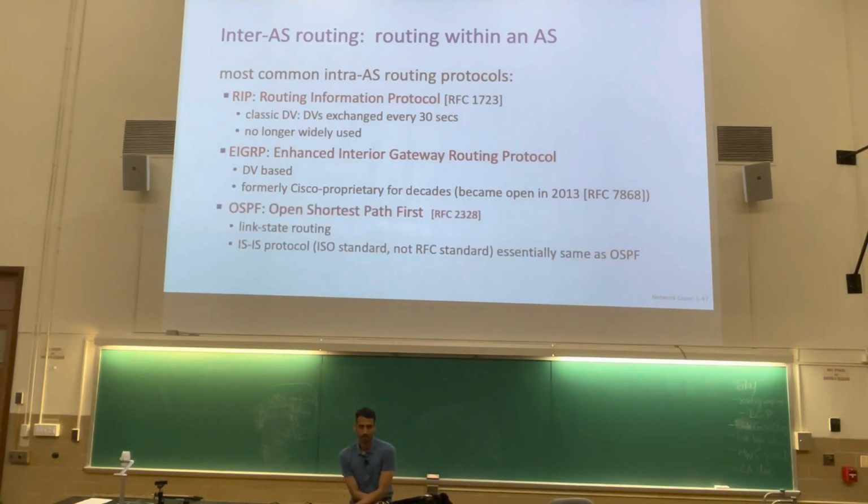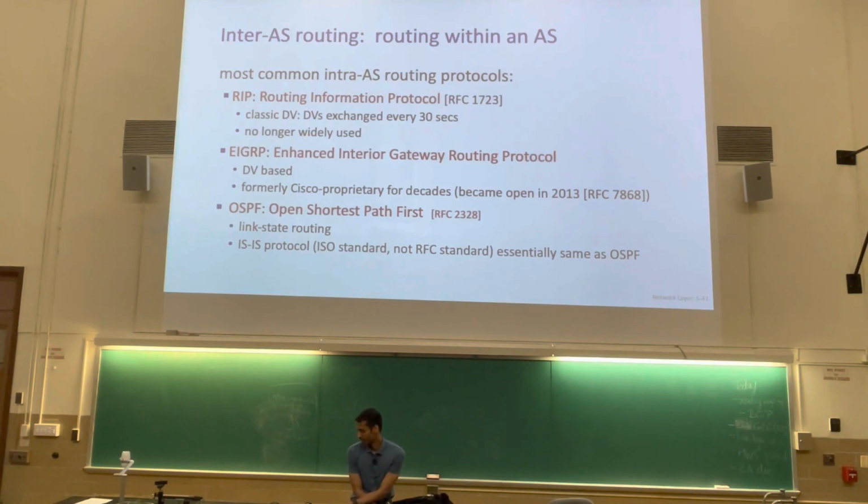OSPF is an example of the most common, widely used link state routing protocol. This is the protocol that's used in large ISP networks. So tier 1 ISPs, big regional ISPs, they're all likely to use some variant of link state routing, OSPF being the most common one. ISIS is an example of another link state style shortest path routing protocol.